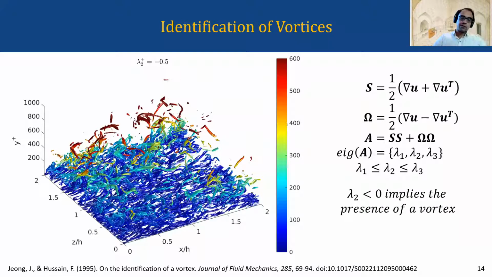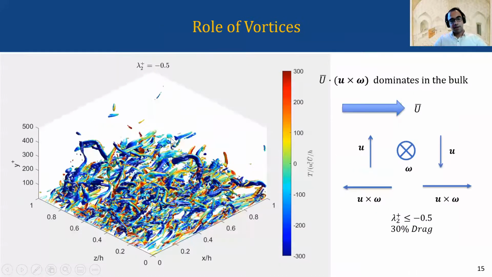And we see that for this criterion of taking lambda 2 equal to minus 0.5 in this channel flow, these vortical structures, even though overall they occupy only a small section, maybe about 3-4% of the whole volume, are responsible for 30% of the drag.